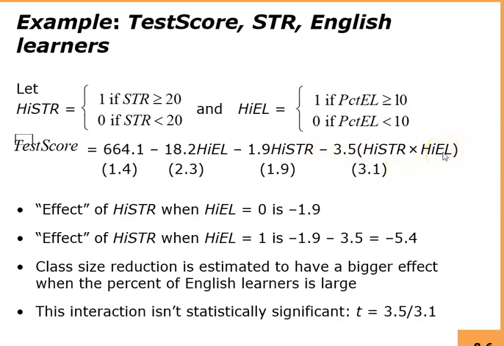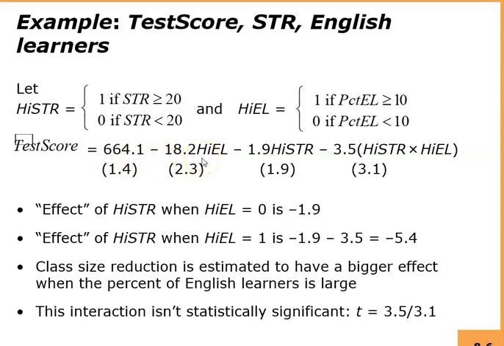When you do that, you will get 664.1 minus 18.2 and minus 3. Well, actually, this whole interaction term will become 0 because high STR will take the value of 0. So your total mean will only become 664.1 minus 18.2.